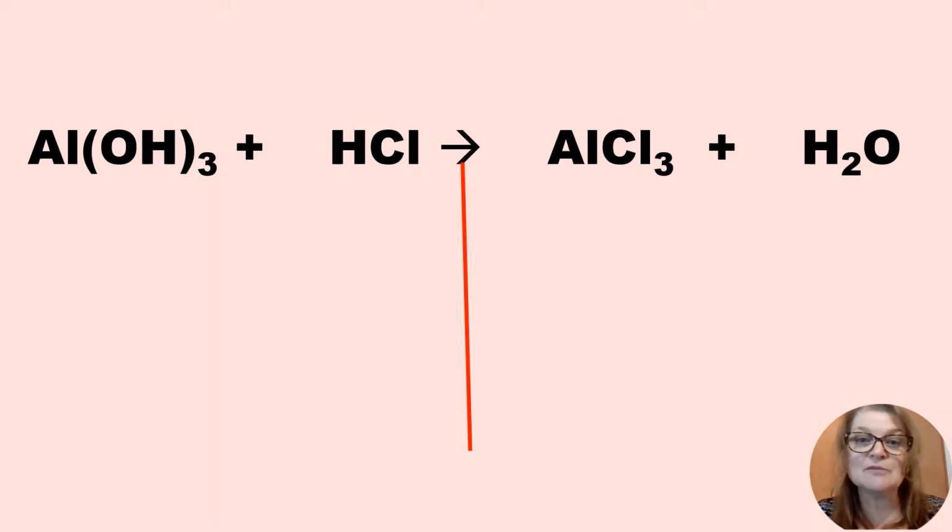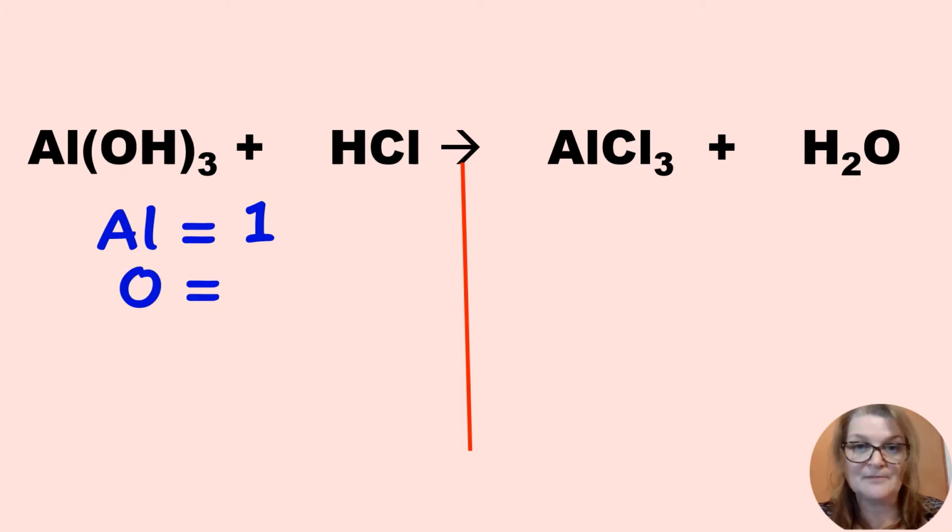The first element we come to is aluminum, and aluminum has no coefficient, no subscript, so it's understood to be 1. And then we see that the oxygen is inside the parentheses, and there's a subscript of 3 outside, which means everything inside has to be multiplied by 3. So the number of oxygen on the reactant side is 3.